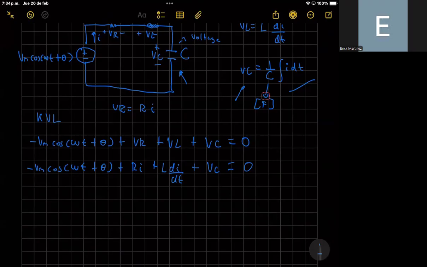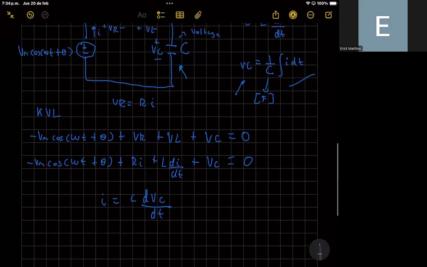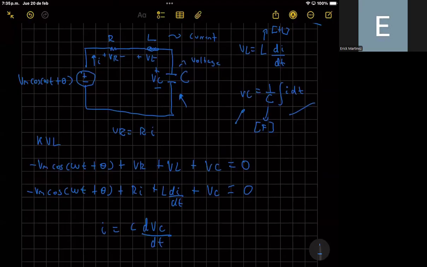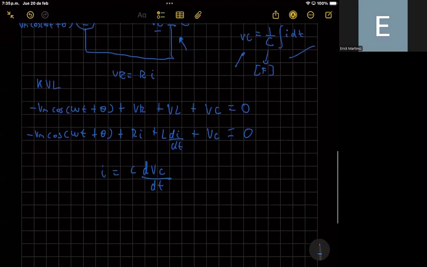If I solve this equation for the current, we have that the current is equal to C times the derivative of the voltage of the capacitor with respect to time. This is the current that passes through the capacitor, but it is the same current that passes through all the elements in this circuit.